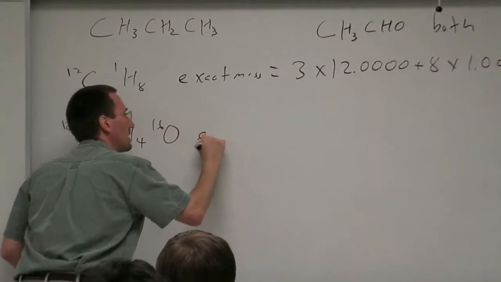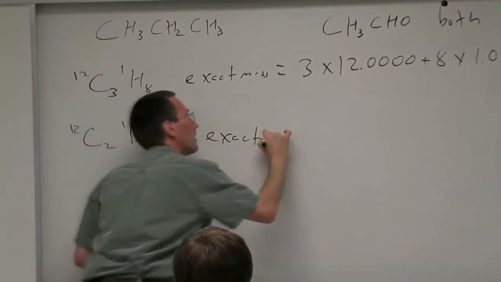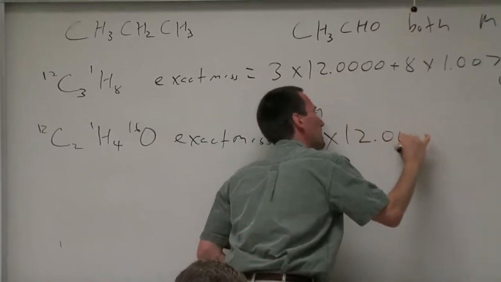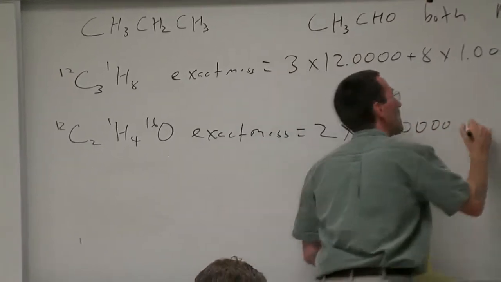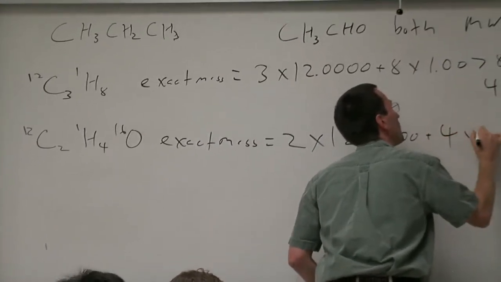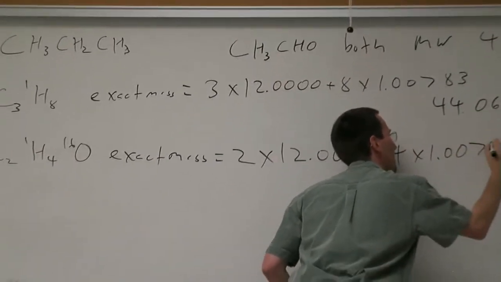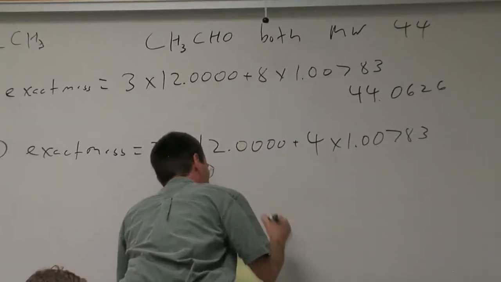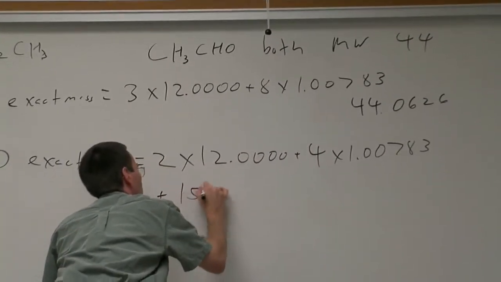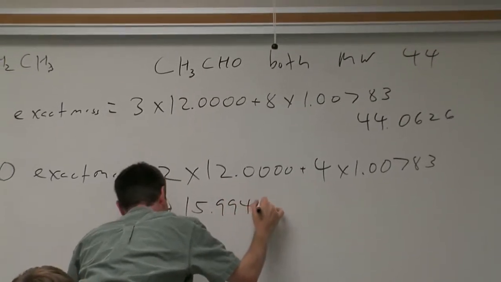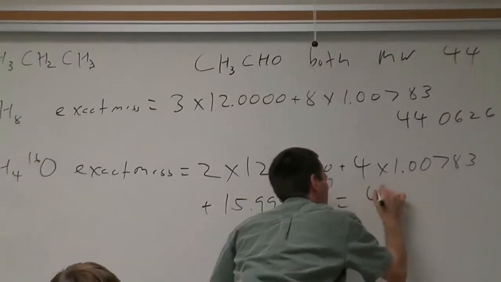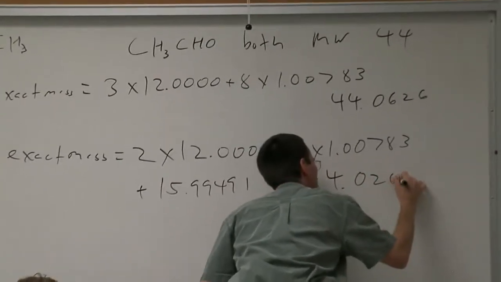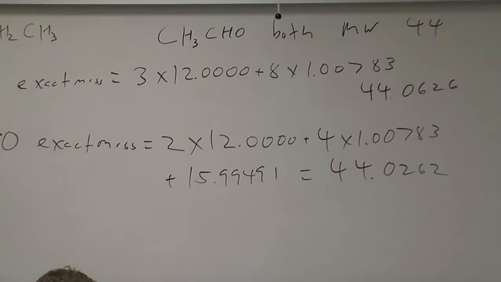If we compare our propane to our acetaldehyde, the main isotopomer is C12-2, H1-4, O16, and the exact mass is equal to 2 times 12.0000, etc., plus 4 times 1.00783, plus 15.99491, which is equal to 44.0262.